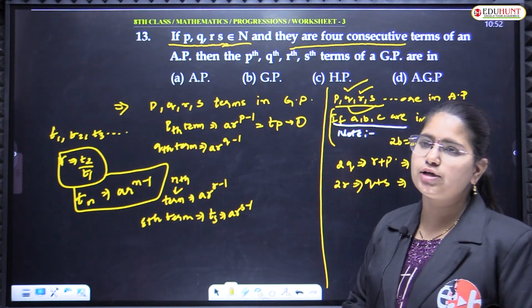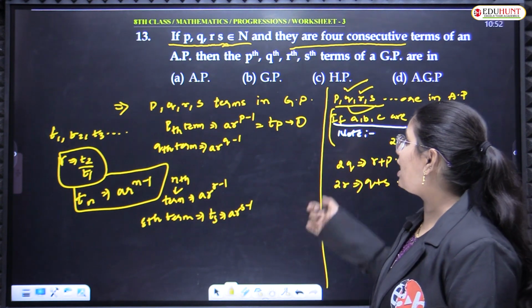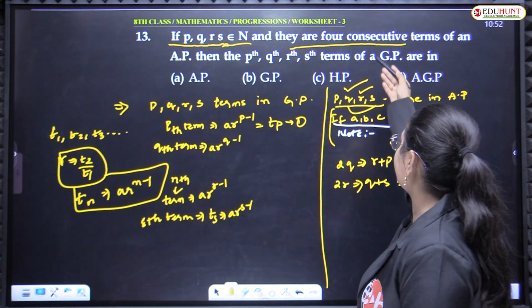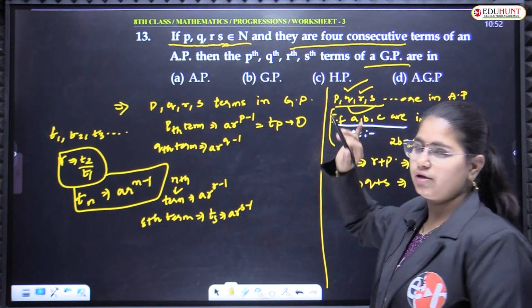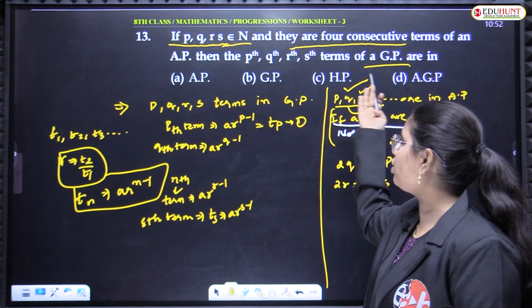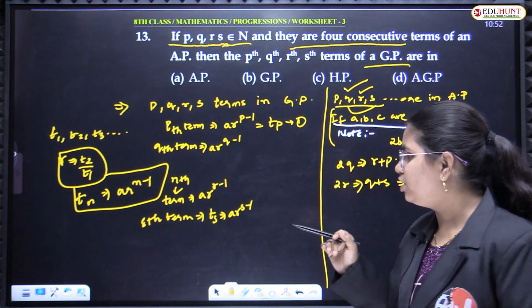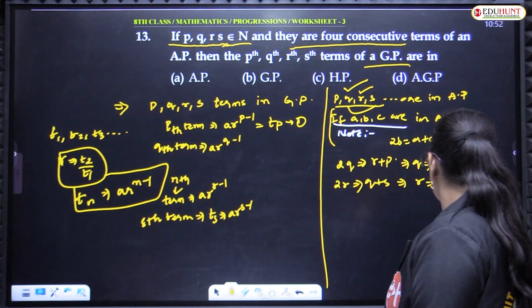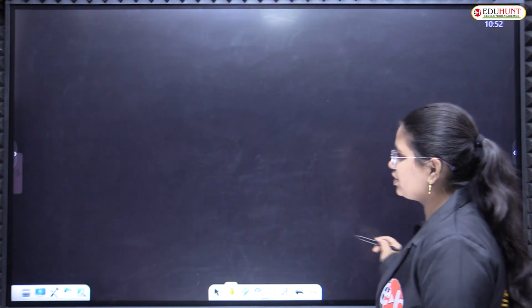Now we need to find what happens to the Pth, Qth, Rth and Sth terms of a GP. These terms are in AP, either in GP or in HP or in AGP. Fine, we will solve the next part of the question.